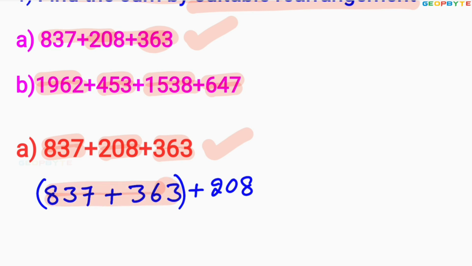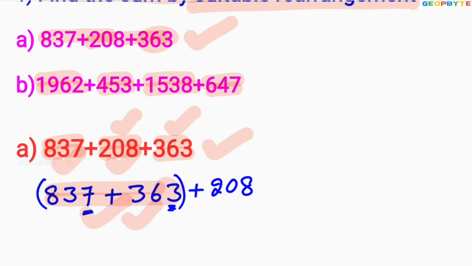You may have a doubt: sir, why have you selected only these two numbers first? Why not 208 and 363, or 837 and 208? Because look at the last digits of the two numbers: 7 plus 3.